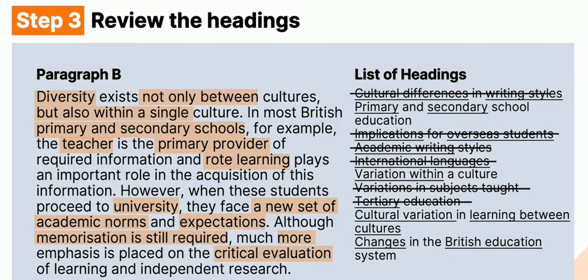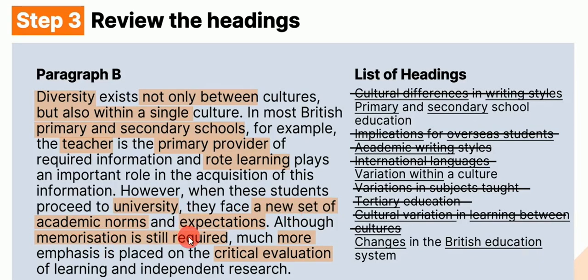The next heading, cultural variation in learning between cultures, has already been used for the example. So you can't use that one. That leaves us with the last heading, changes in the British education system. The paragraph does mention British primary and secondary school, so it is worth considering as a maybe answer.